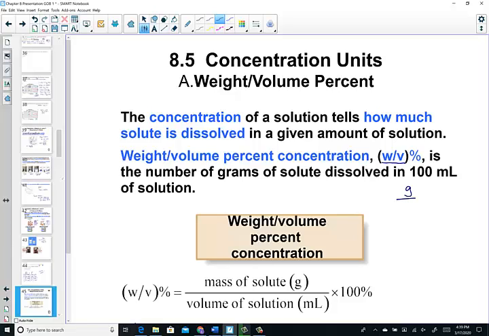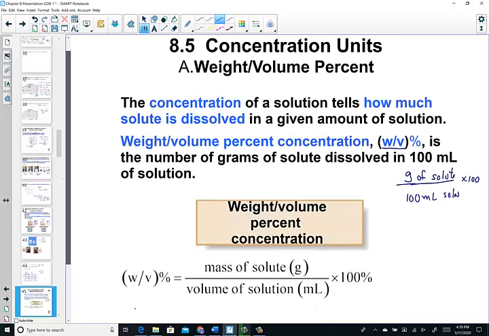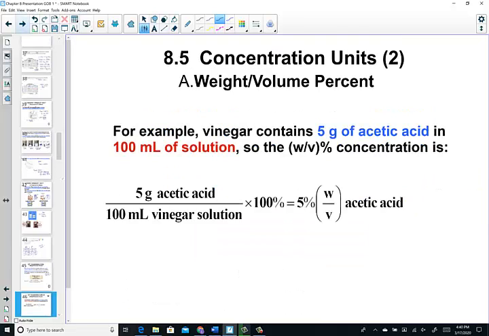How many grams of solute in 100 milliliters of solution expressed as a percentage? And that's called a weight by volume percent concentration. Grams of solute over a volume of solution expressed as a percent, so times 100. A mass over volume percentage.